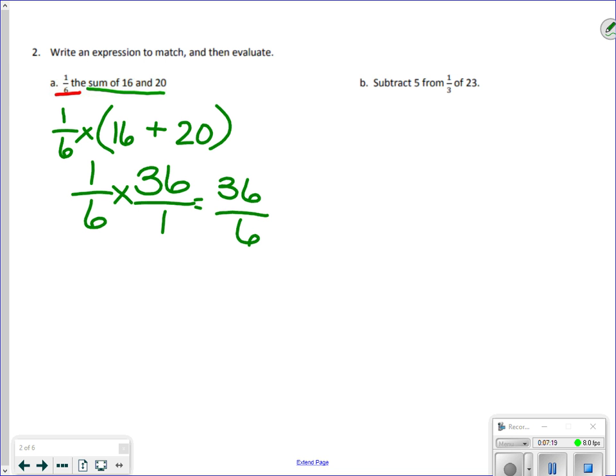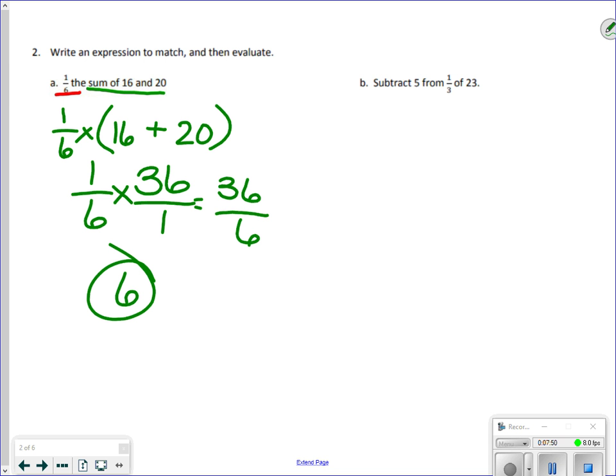No. You cannot leave an improper fraction as your final answer. You have to get rid of the improper fraction. I still had some people on that quiz leaving me improper fractions as their answers. I will not allow it. I will mark it wrong. 6 into 36 is 6. Your final answer.